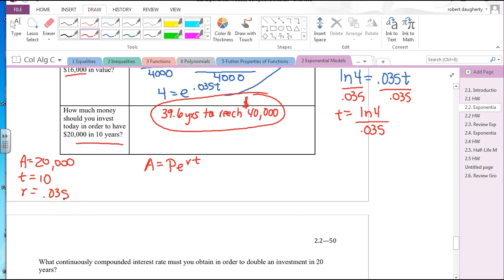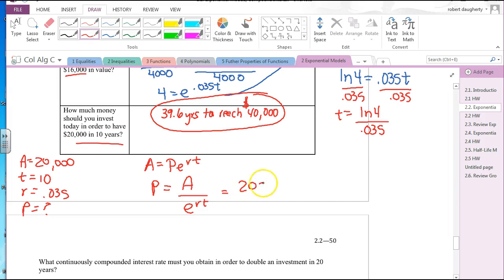What am I solving for in this equation? I'm solving for P, okay? How can I solve that equation for P? Yeah, so P is equal to what? A divided by what? E to the rT. So A over e to the rT is this one, okay? So just plug these numbers in.